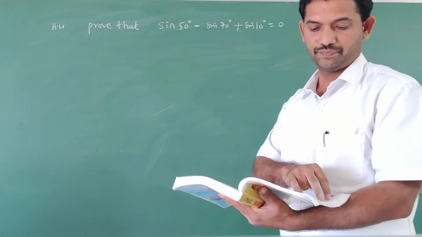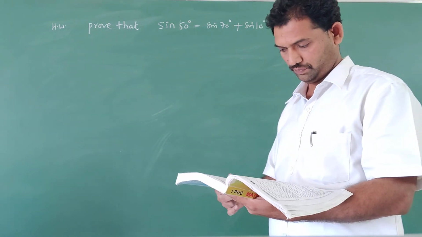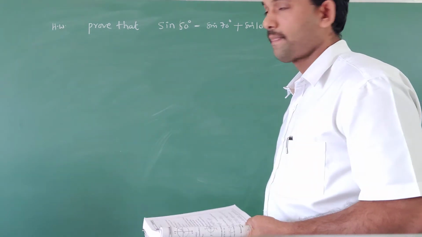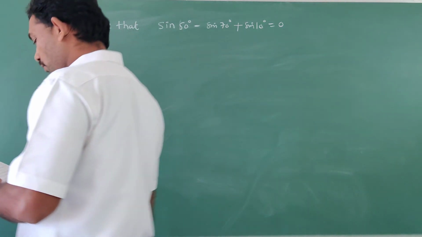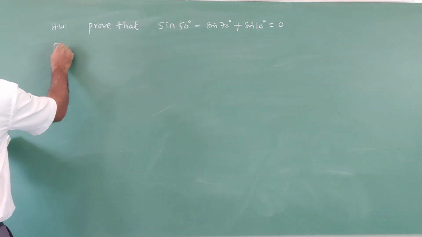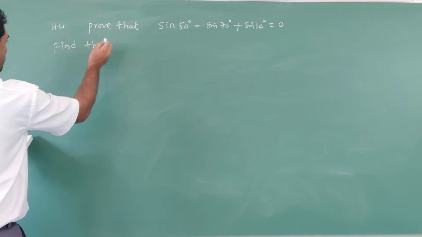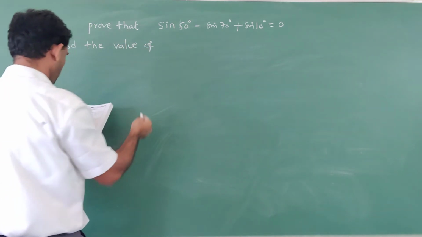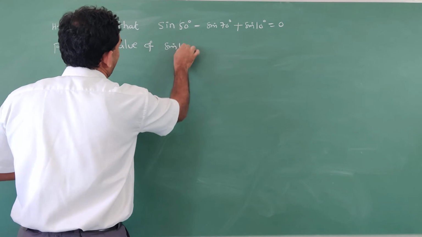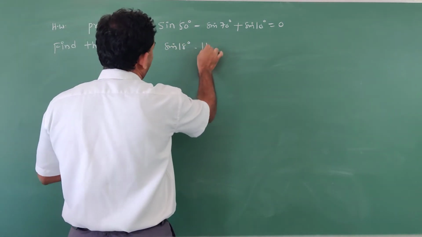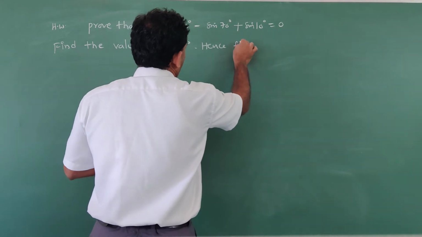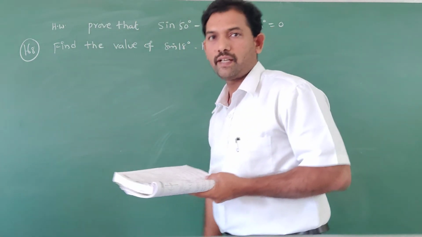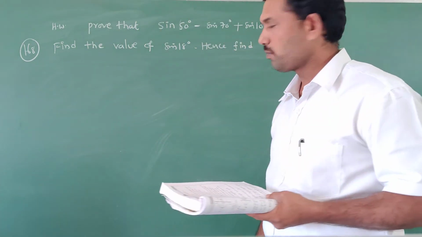Next question. Find the value of sin 18 degrees, hence find cos 18 degrees, cos 36 degrees and sin 36 degrees. It is question number 168 in your material, page number 89.